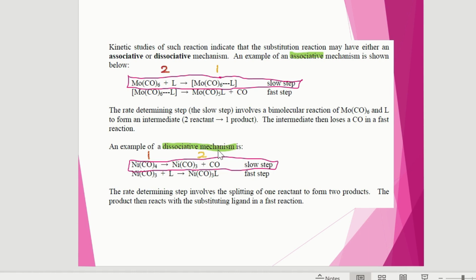For the dissociative mechanism, at the slow step or rate determining step, one reactant has to split to form two products, followed by introduction of the new ligand to produce the new compound. This is how we differentiate between associative and dissociative mechanisms in substitution reactions.